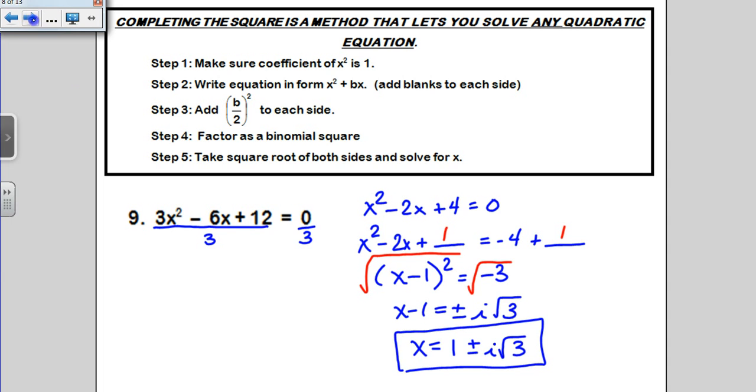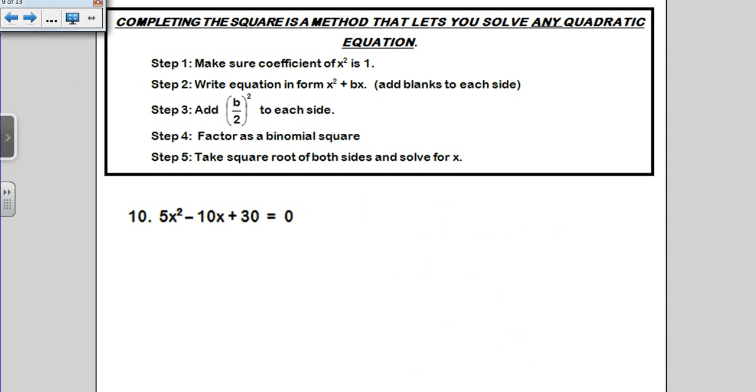Alright, moving on. Number 10, I need that coefficient to be a 1, so I'm going to go ahead and divide everybody by 5. I can do that because this is an equation. So my new problem is x squared minus 2x plus 6 equals 0. Now we're going to solve it with the rest of our steps.